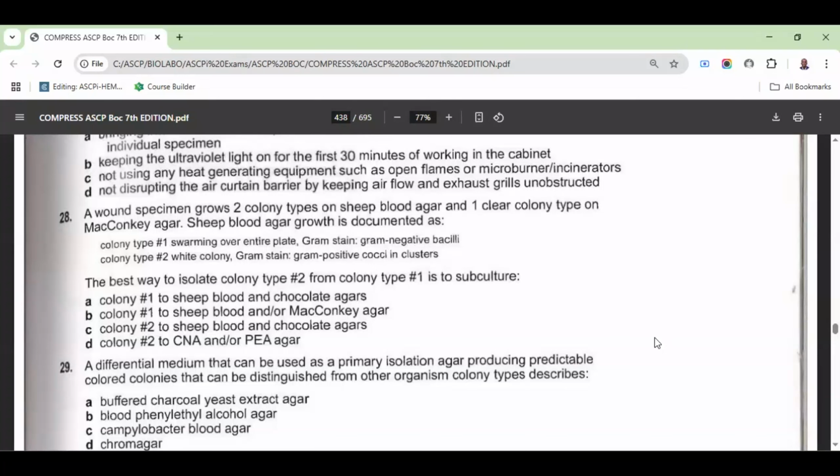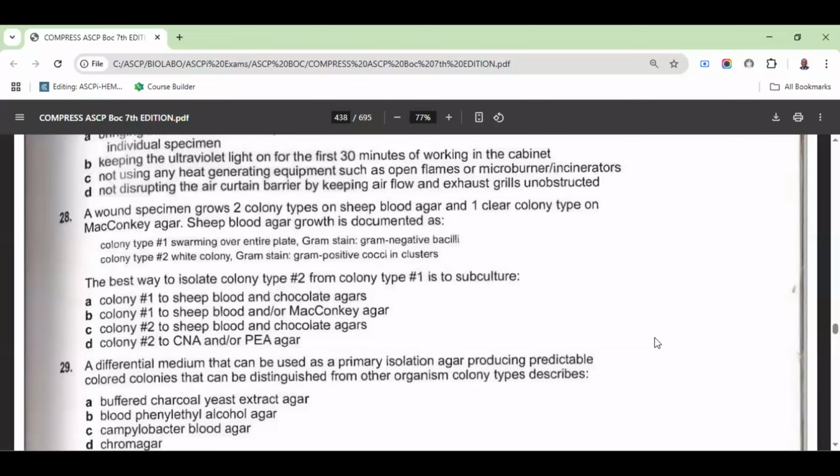But what if we argue this way? With colony type 2, their morphology, the gram stain, was gram-positive cocci in clusters. But colony 1, which was swarming, is different. Now in our answer D, we are using only colony 2.